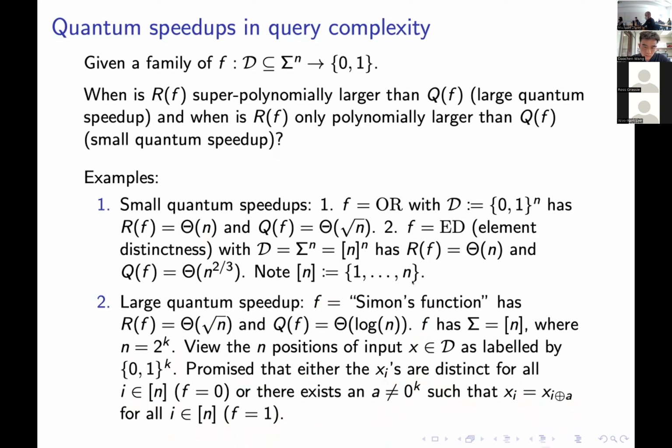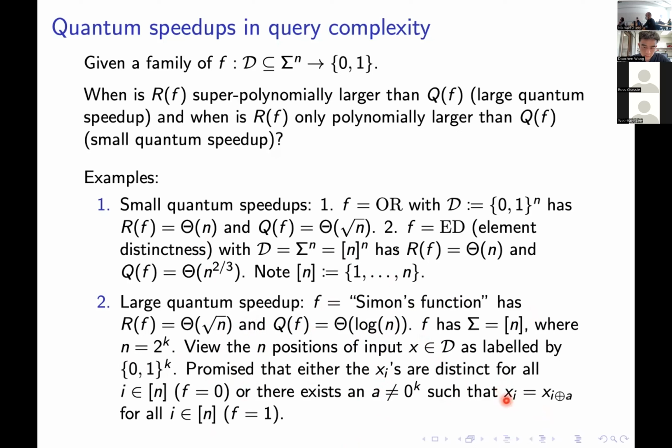If you look at this, you might be reminded of some sort of periodicity condition, and that's precisely what it is. In fact, Peter Shor noticed this and was inspired by the large quantum speedup exhibited in query complexity for this function to come up with his famous Shor's factoring algorithm that relies on period finding, but in a different group.